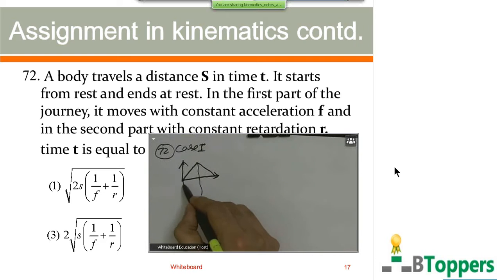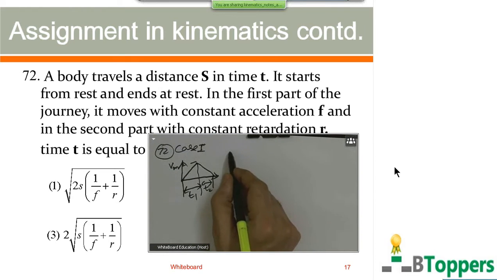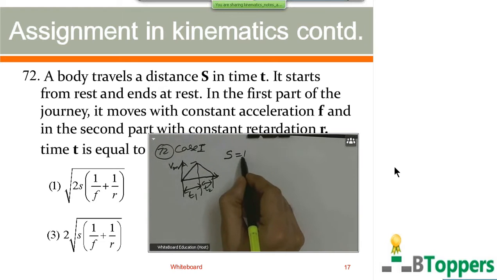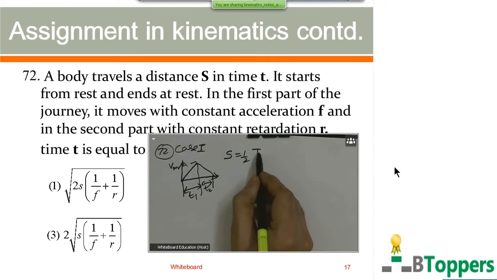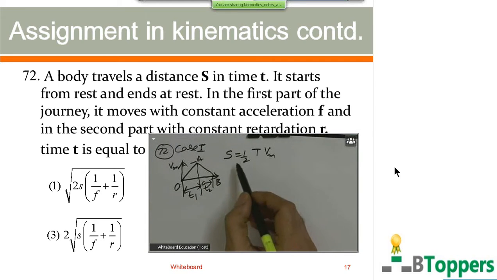The body first moves with constant acceleration alpha for a time t1, then moves with constant retardation beta for a time t2, and Vm is the maximum speed during the motion. As explained in the previous class, you can write total displacement is equal to half into total time into maximum speed, that is the area of triangle OAB. The previous problem is also based on the same case.